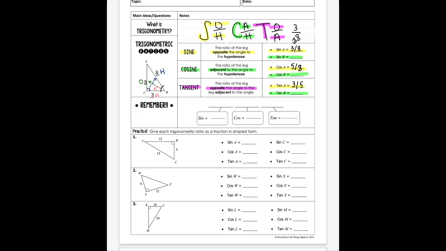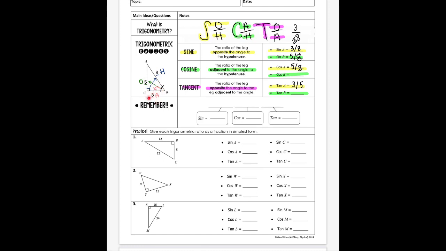Now, remember, sine of B means we want to find the opposite over the hypotenuse. So based on this triangle, the opposite is 5 and the hypotenuse is 8. So this ratio is just going to be 5/8. When we're asked to find the cosine of B, the cosine is the adjacent over the hypotenuse.